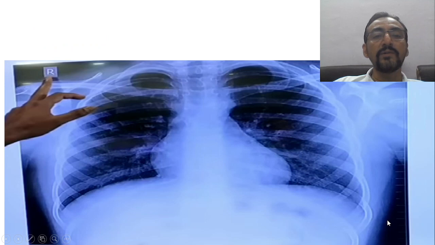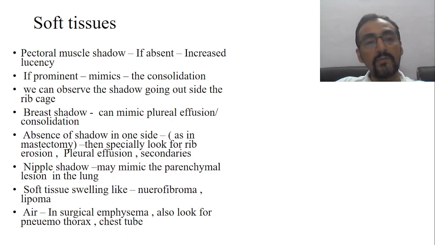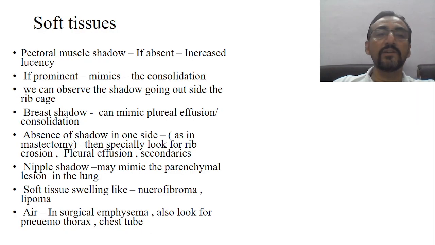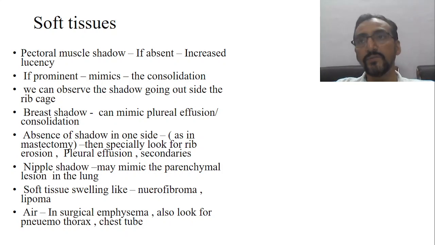Now we have seen this portion, and today we will discuss some of the other aspects regarding X-ray reading, especially chest X-ray. In the chest X-ray, you always have to keep in mind the soft tissues. In the chest area we have different soft tissues, isn't it?